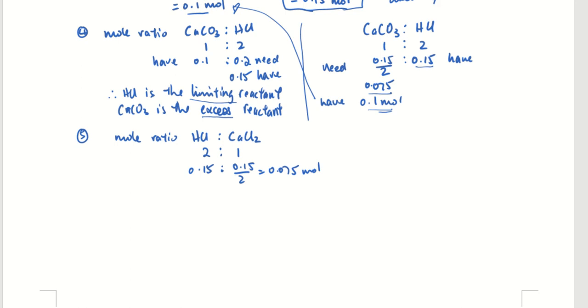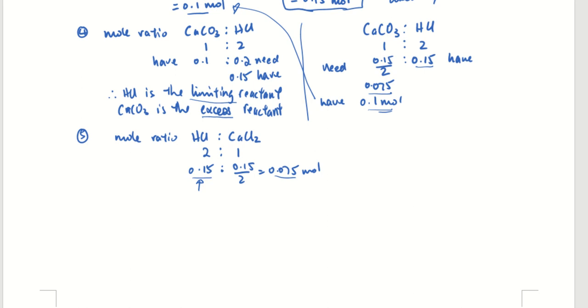Okay, so again we come back to the fact that we have to use the mole ratio to determine the amount of product formed. Importantly, we remember that this is the limiting reactant, so the amount of calcium chloride formed will be determined by the amount of limiting reactant in this particular case.